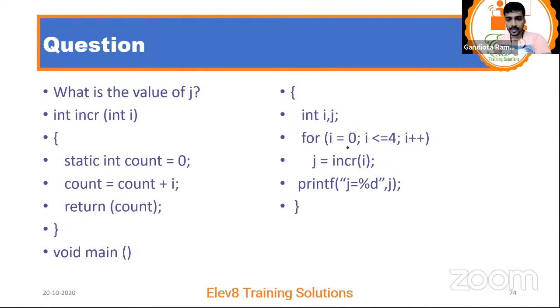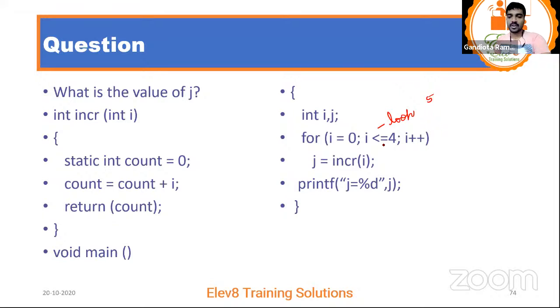See, what you are going to do here: i equal to 0, i less than or equal to 4. This loop will repeat how many times? Yes, exactly, 5 times ma, because it starts with 0 and ends with i equal to 4.